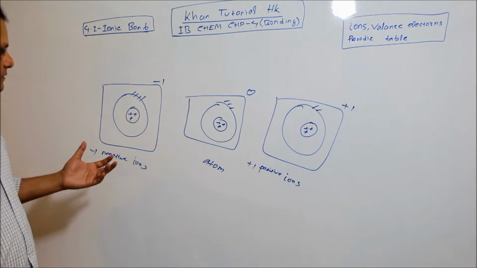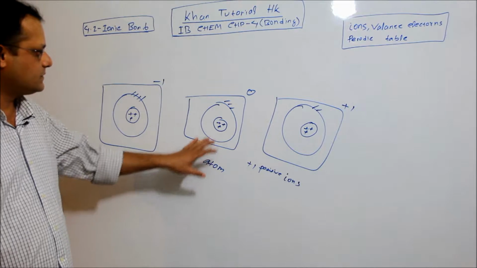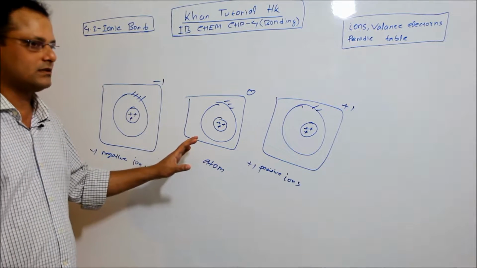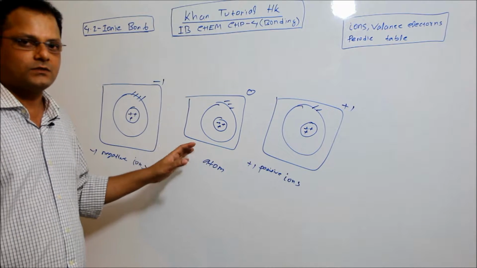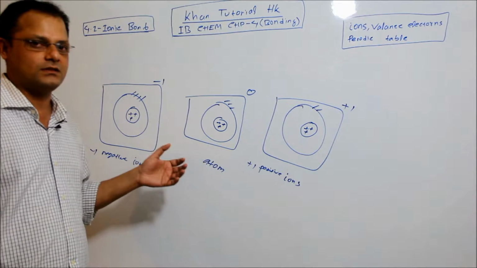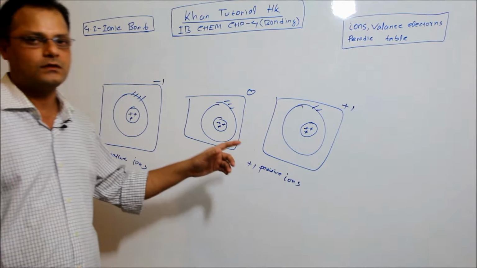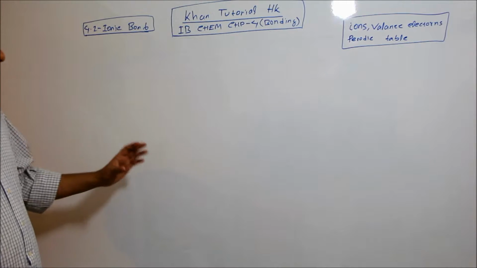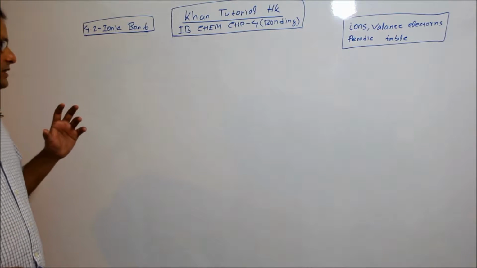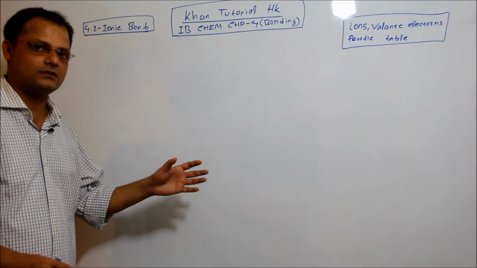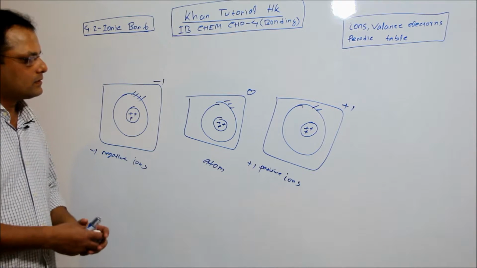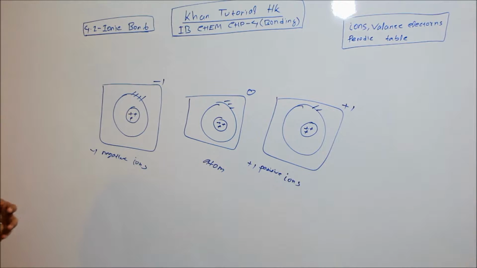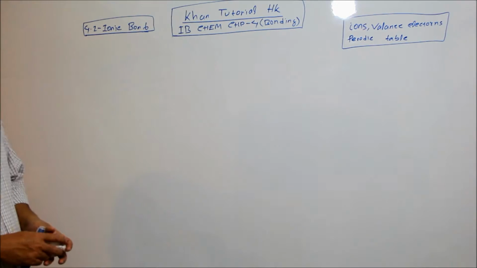Another thing: atoms are electrically neutral, but they are potentially unstable. For an atom it is more important to become potentially stable. That's why they lose electrons and sometimes gain electrons. Now the question is, which atom can gain electrons and which can lose electrons?